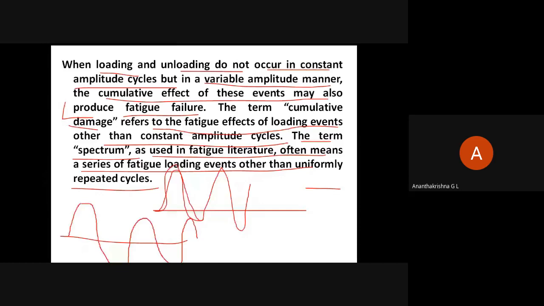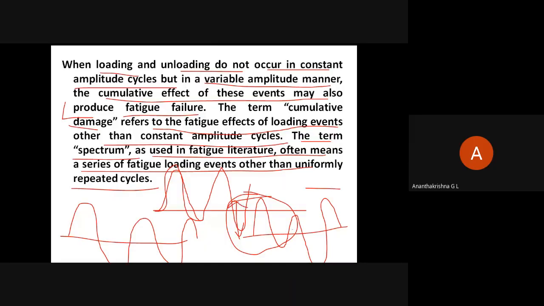It may be high there, low there, and high over there. If it is subjected to variable amplitude, the amplitude is measured from the mean to the maximum height of the curve. Here the amplitude is less, and here suddenly the amplitude of loading is more. So when the components are subjected to such variable amplitudes, fatigue failure may occur.